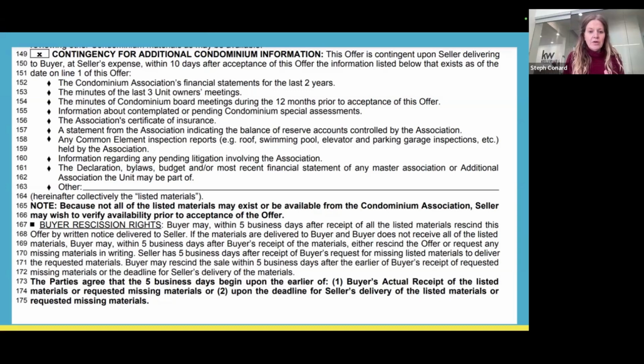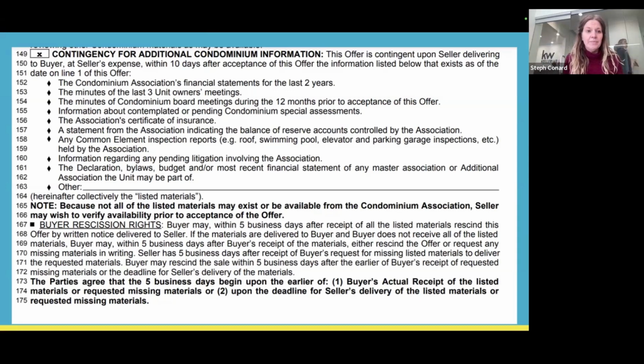I know that we like to speak to strategy too when you're writing in competition. Sometimes buyers agents and buyers will leave this contingency off, but to Nada's point earlier, there is a lot of information within this set of documents that a buyer would want, and it could mean the difference between wanting to move forward on the condo or not.